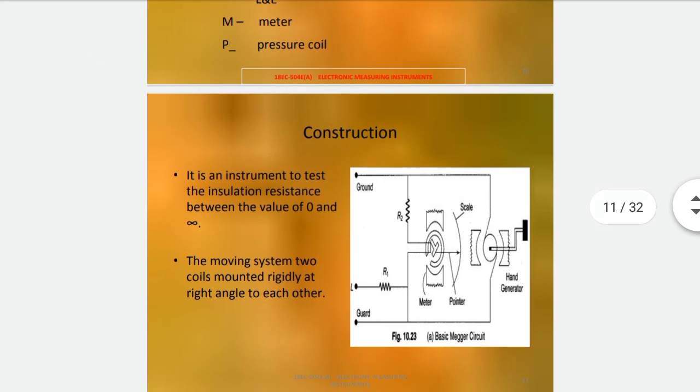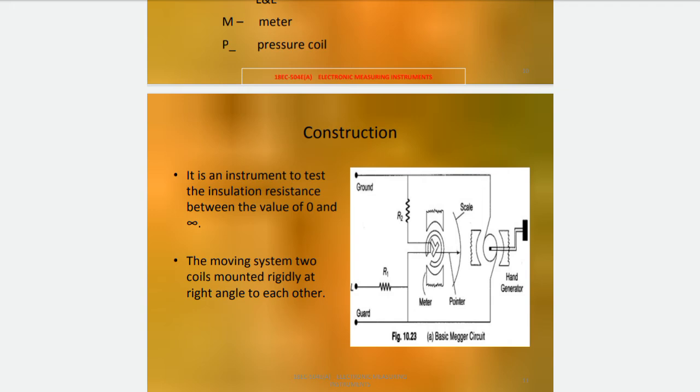Coming to the construction, we have already discussed that it consists of two coils, a pressure coil and a current coil. These are mounted on the same shaft and placed in the field of the permanent magnet, 90 degrees apart. The generator energizes the two coils over separate wires.